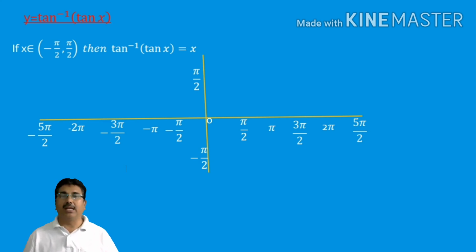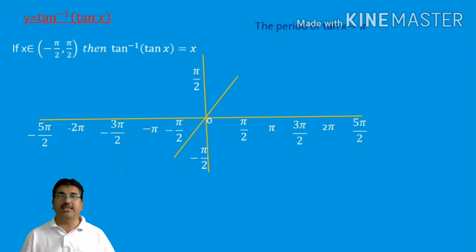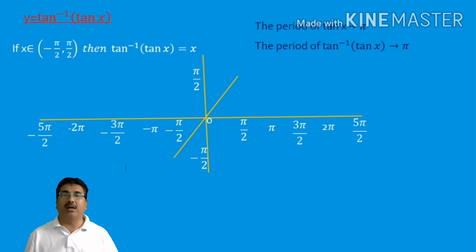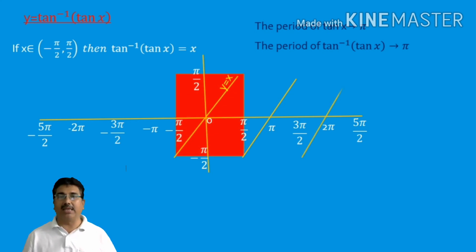Therefore, in the interval minus pi by 2 comma pi by 2, the graph of this function is a straight line, that is y is equal to x. The period of tan x is pi. The period of tan inverse of tan x is also pi. Then the graph repeats in every interval of length pi.